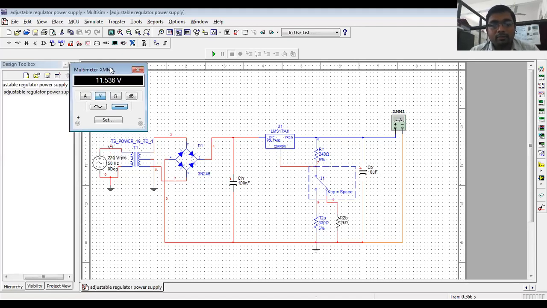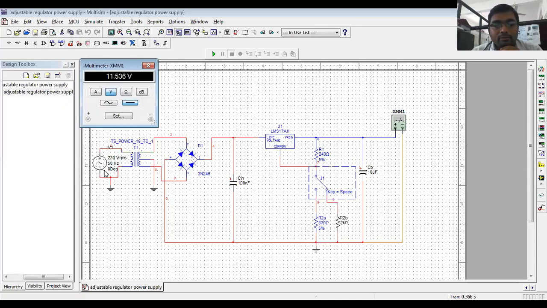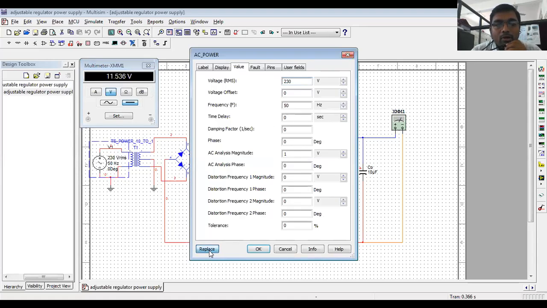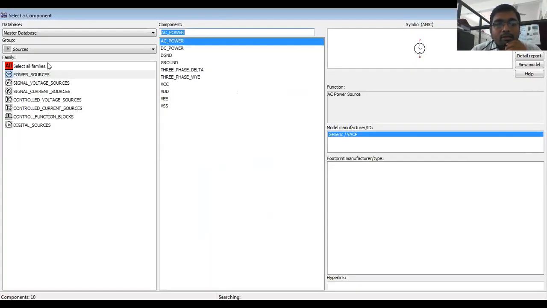So this is the Multisim window. I have already drawn the circuit because it would take a lot of time. You can draw this circuit. I am just explaining the important components. First of all, we require an AC supply. Choose this AC supply symbol from the component database, under power sources.